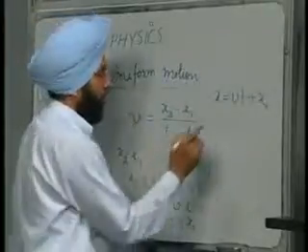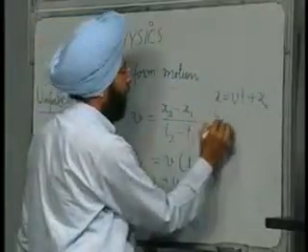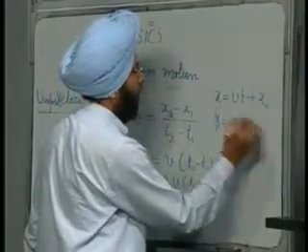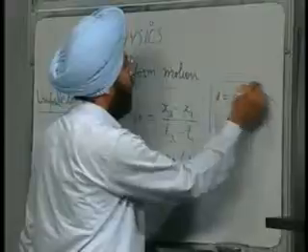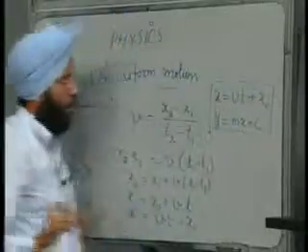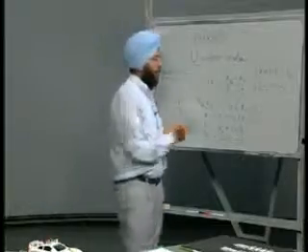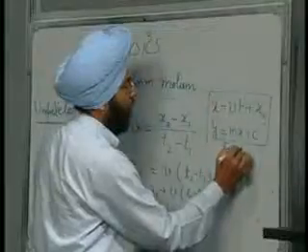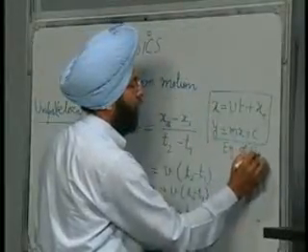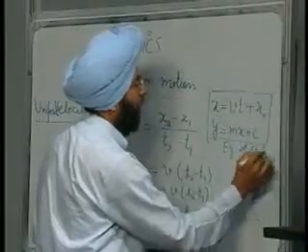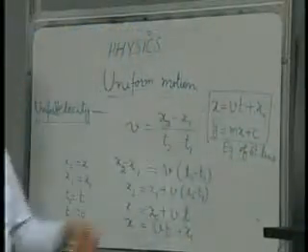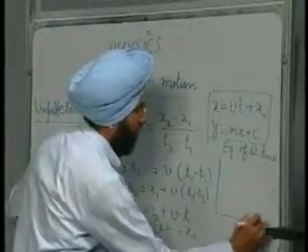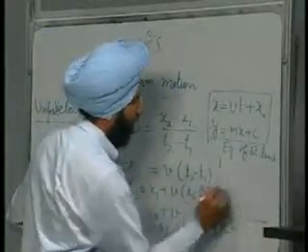If we compare this equation with the equation of a straight line, we find both the equations are equations of a straight line. So, if we plot a graph between x and t, we will find the graph is a straight line.